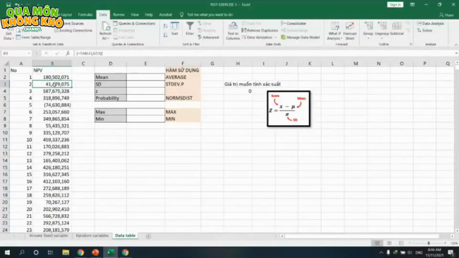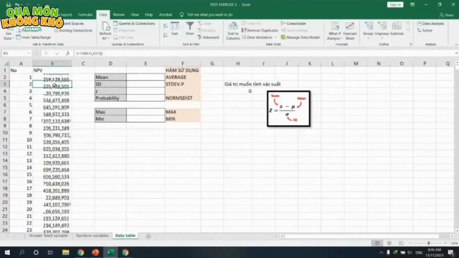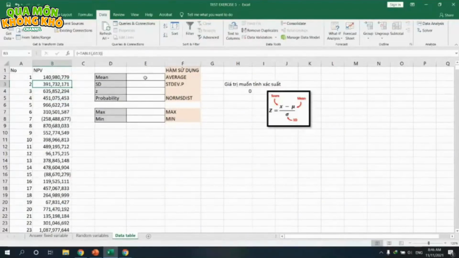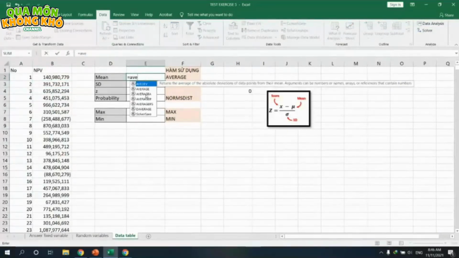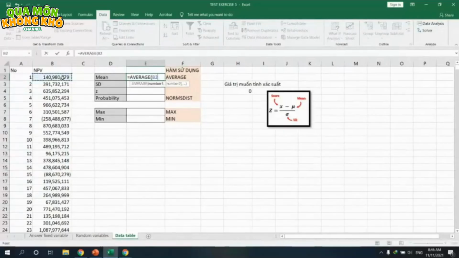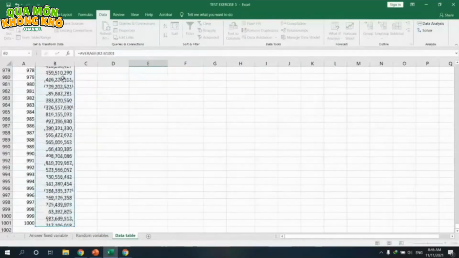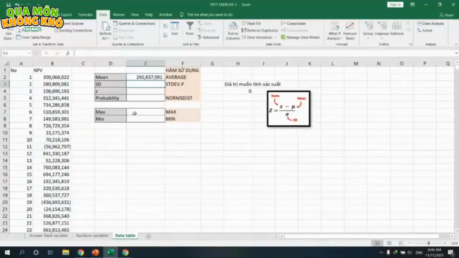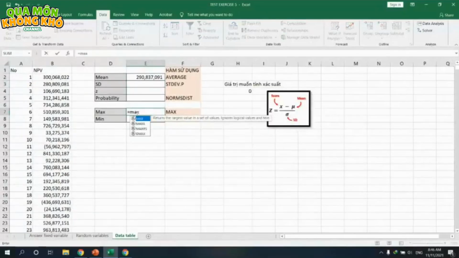Yeah, and it will display random NPV for you as the random variable is changed. So to calculate the mean, we take all of this, and it's the same for the max and the mean.